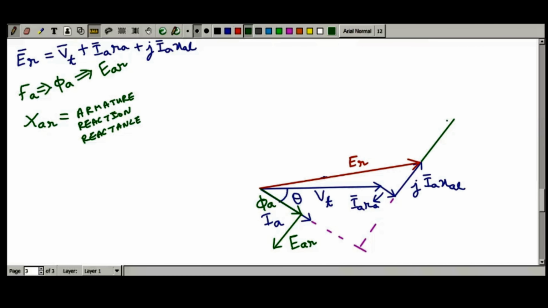Now one thing I would like to mention, please take note of this: in this diagram this IA XL drop is exaggerated. Exaggerated means it is shown much larger than the actual value.